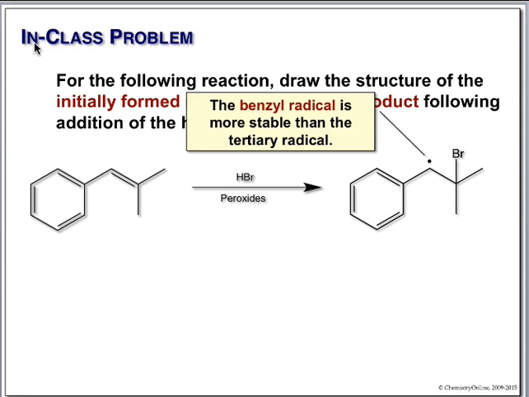Hydrogen will go here, so this is now going to be a CH2. And we have formed the anti-Markovnikov alkyl halide. No stable radical, pick up a hydrogen atom, anti-Markovnikov regiochemistry. Any questions?